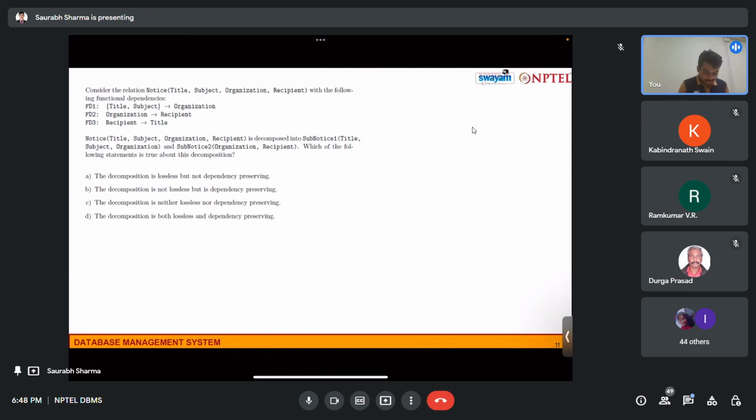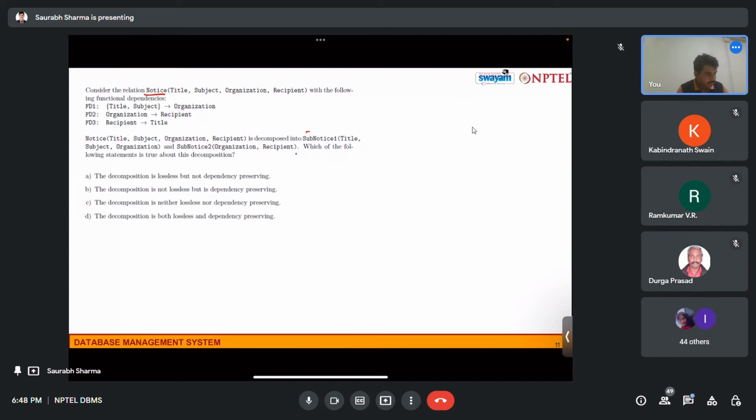Next, there is a relation, notice, and there are some functional dependencies. Then they have decomposed this notice into two relations, and they want us to comment on the lossless or dependency preserving property.